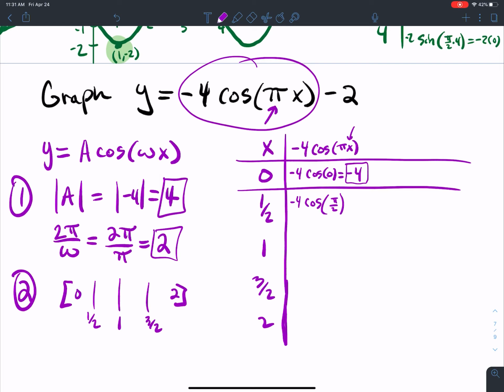Well, cosine of pi over 2 is 0, so 0 times -4 is 0. The next one is plug in a 1, so I have -4 cosine of 1 times pi, which is pi. The cosine of pi is -1. So a negative and a negative make a positive.